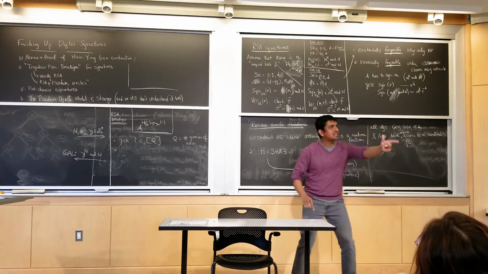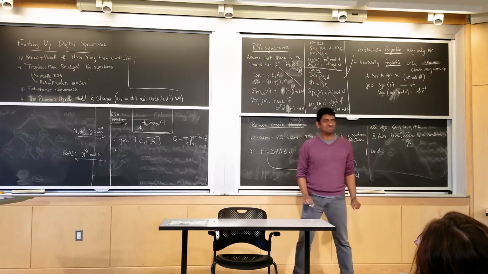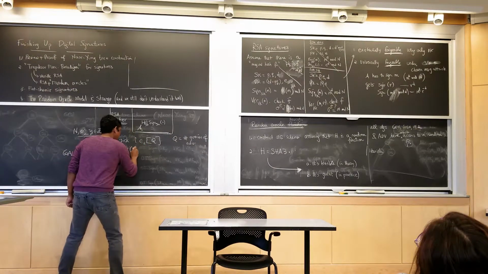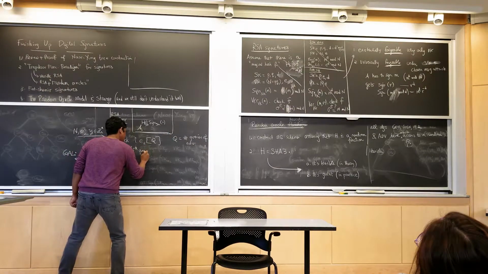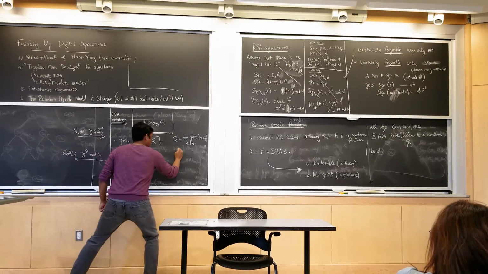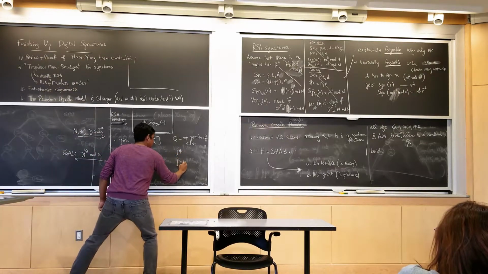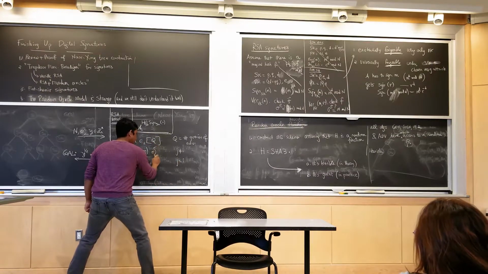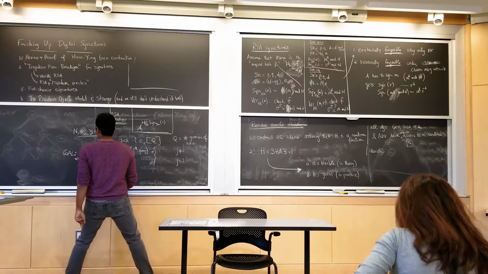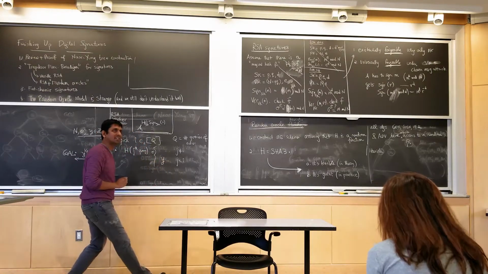So now I answer the hash queries in the following way. For the jth query of the adversary, I'm going to do two cases: j not equal to i, and j equal to i. If j equals i, I'm going to give him y.